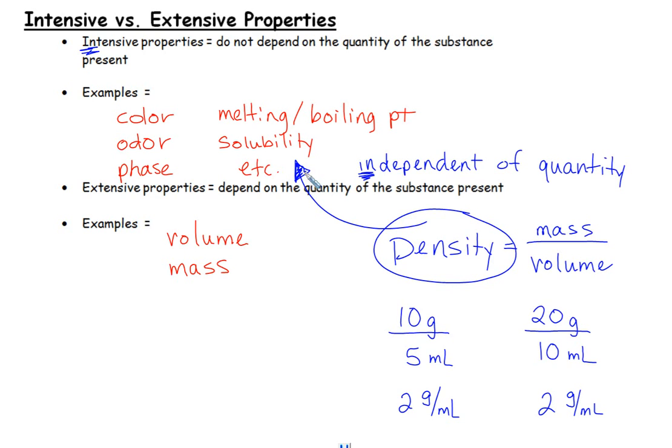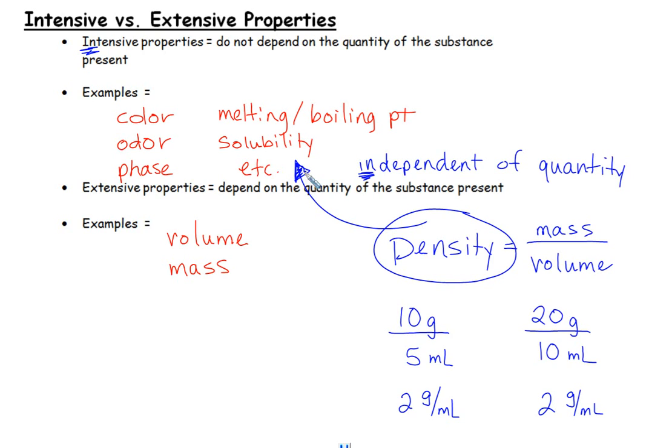If you have more mass, you're going to have more volume, and the ratio ends up being the same. But again, it'll stump people because they see mass and volume and they're like, oh, but those are extensive. They depend on your sample size. Individually, yes, they're extensive properties. But now in density, I'm looking at them as a ratio. Density is a property that is the same, regardless of your sample size.